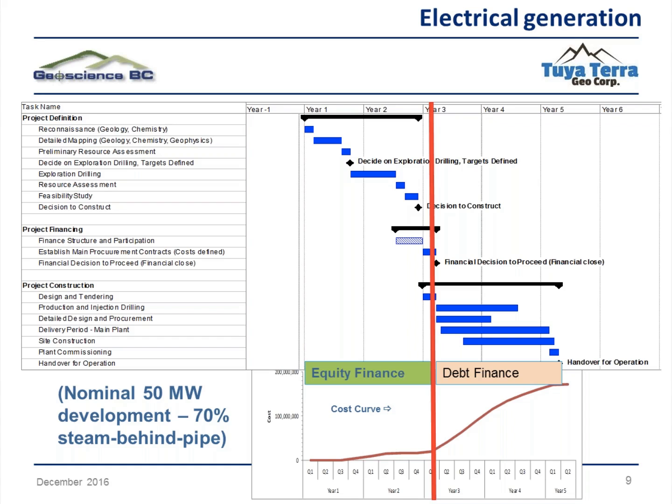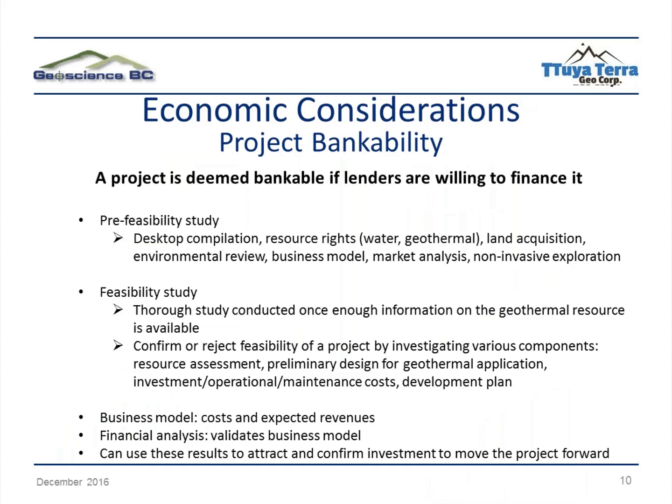It's that red line and that difference between the equity financing, having to raise the money either from shareholders or taxpayers, and when you can get it from the bank, that is a make or break issue for the company. And it's very hard to raise capital sometimes in today's market. But if you can do it, then geothermal ends up being a very cost-effective way to produce power.